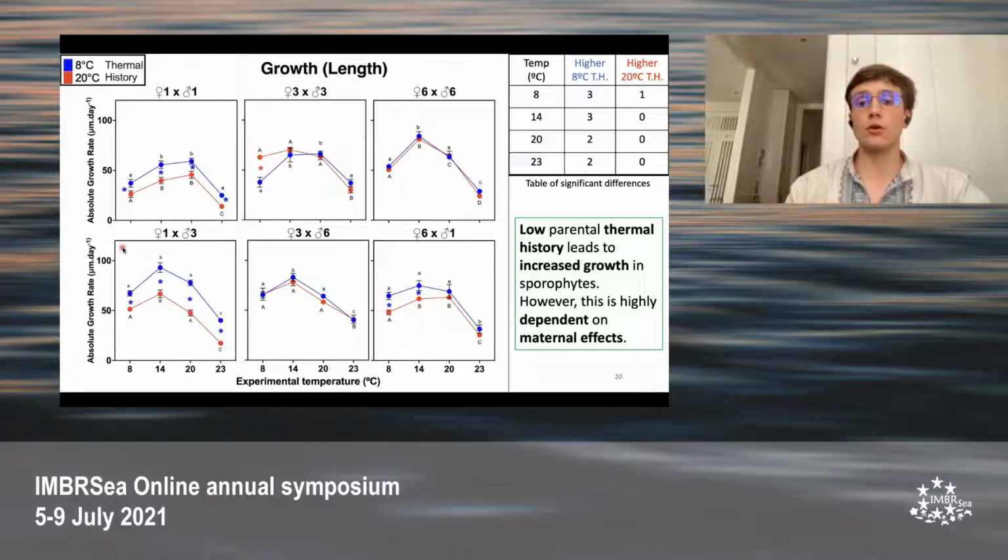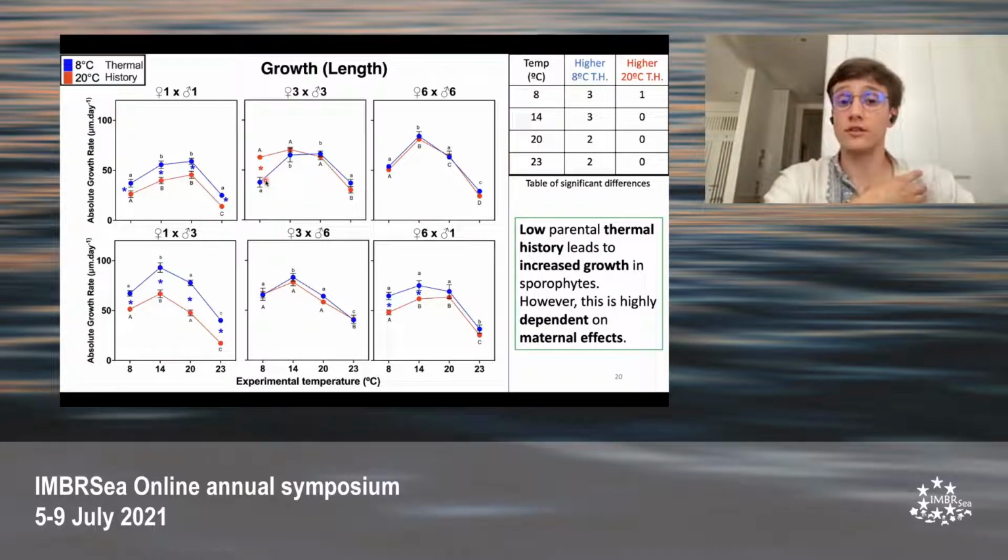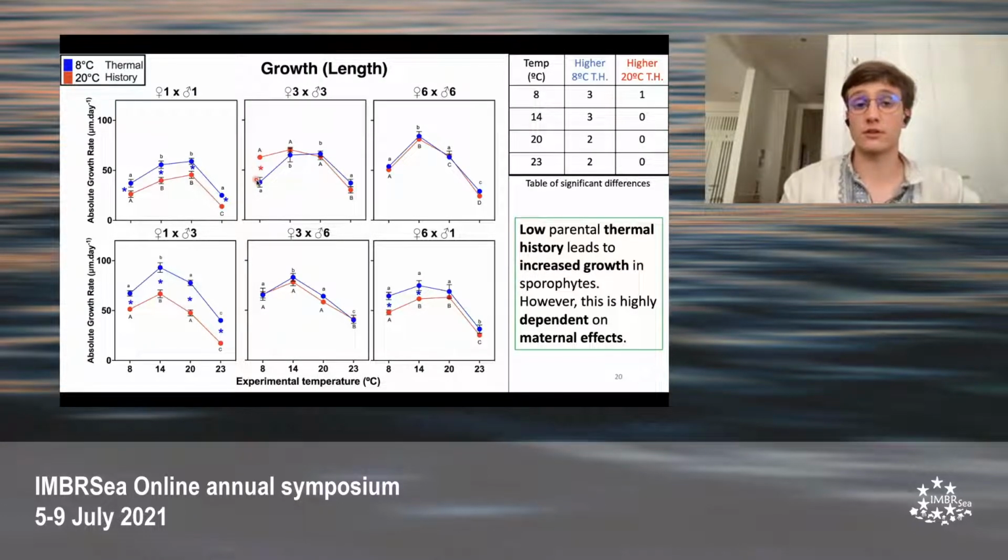So again, the low parental thermal history leads to the increased growth in the sporophytes, but this is highly dependent on female effects, as we see that, for example, in this cross here, there's actually an increased growth at 8 degrees, quite a significant increase in growth when coming from a higher thermal history. And we obtained actually identical results when looking at the growth width of these sporophytes.